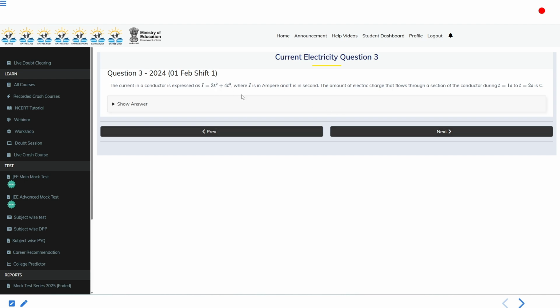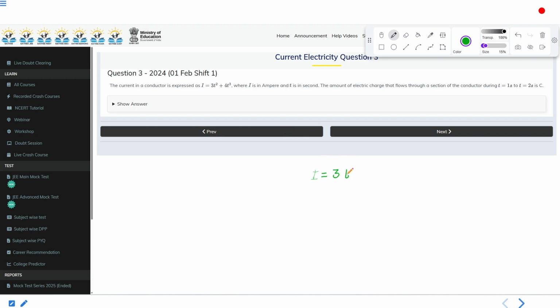So this is variable current. Variable current is given, I equal to 3t square plus 4t cube.